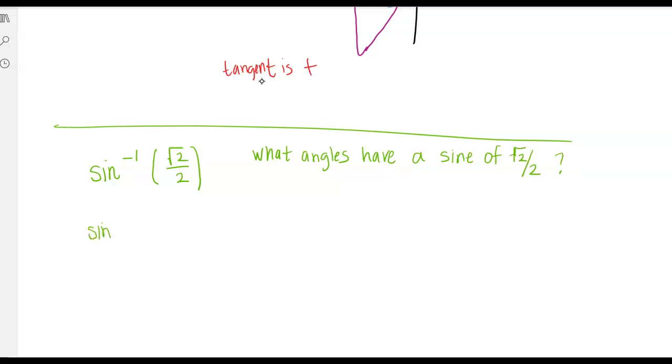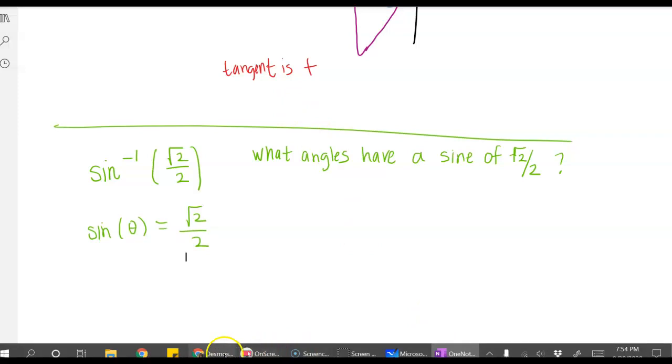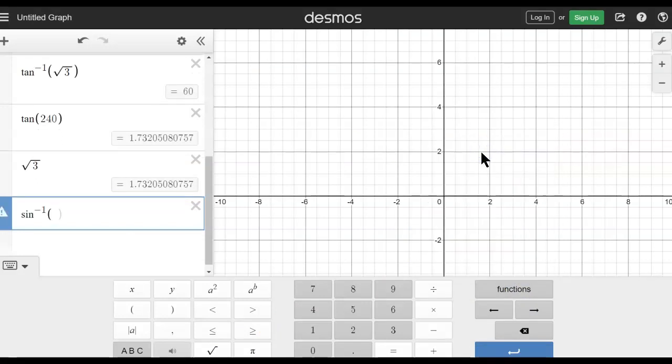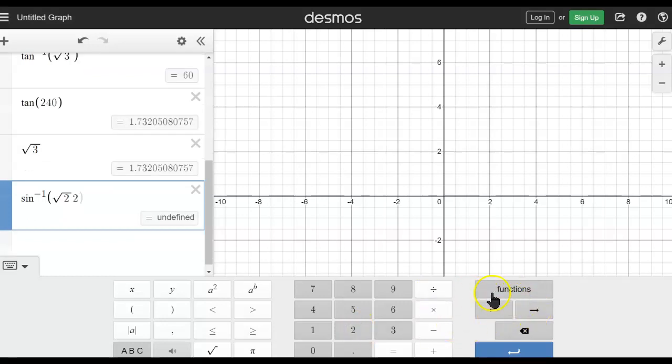The sine of what angle equals root 2 over 2? In the calculator, I'll enter sine inverse. Again, I'm going to plug in a sine value and it's going to give me back an angle. Square root of 2 over 2. Oops.